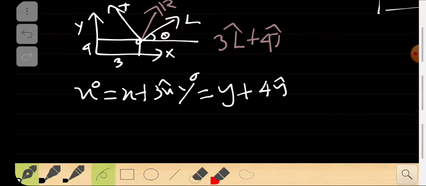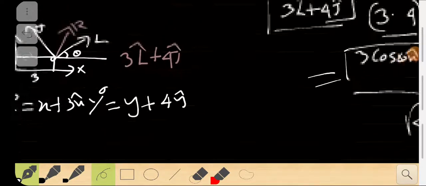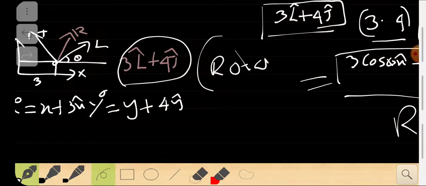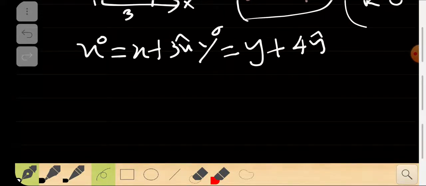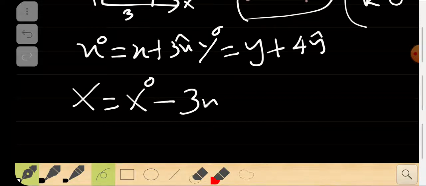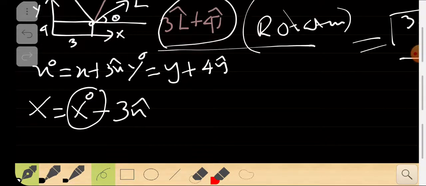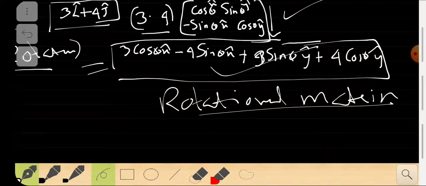You can multiply this vector with the rotational matrix now, and all you have to do is find out in terms of x, you have to subtract 3x cap from the value found from this multiplication. From this multiplication you get 3 cos theta x cap minus 4 sine theta x cap. That is what you are going to get.